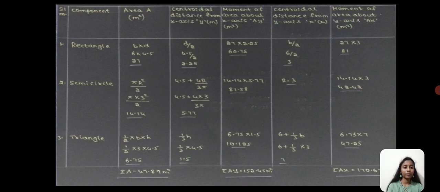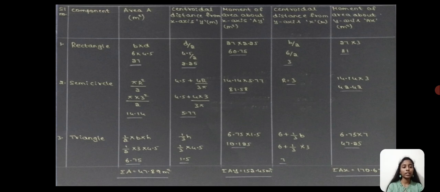Breadth is 3. That is equals to 7 is the centroidal distance from y-axis. Now we have to multiply area and the centroidal distance from y-axis. 6.75 is the area and 7 is the centroidal distance from y-axis. That is equals to 47.25 is the moment of area about y-axis.